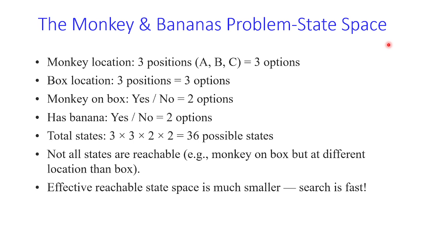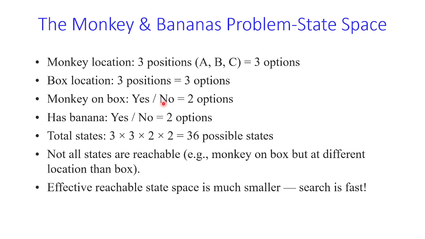Now let us calculate the total number of possible states. The monkey location has three possible positions: A, B or C, so there are three options. The box location again has three positions, A, B or C, which gives us three options. Whether the monkey is on top of the box, yes or no, gives us two options.